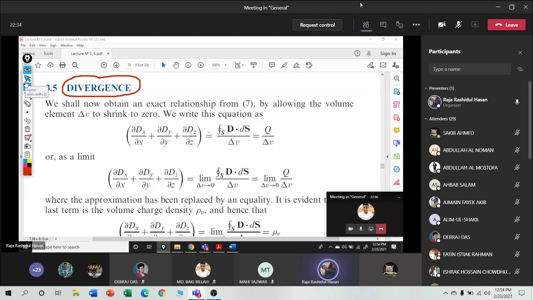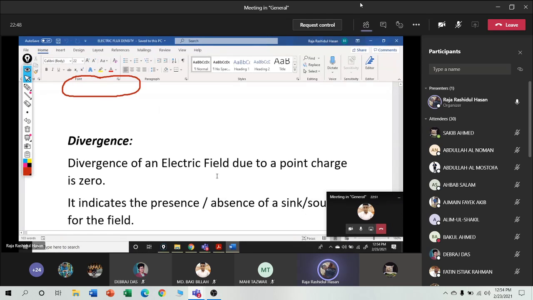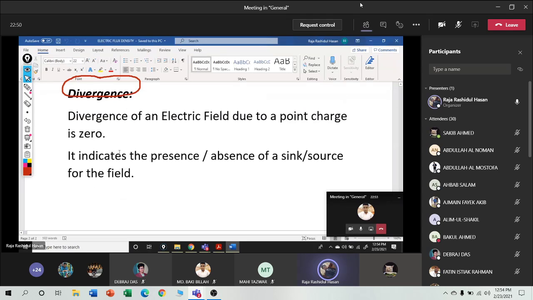Write down divergence. Now, what is divergence? Divergence indicates the presence or absence of a source or sink for the field.